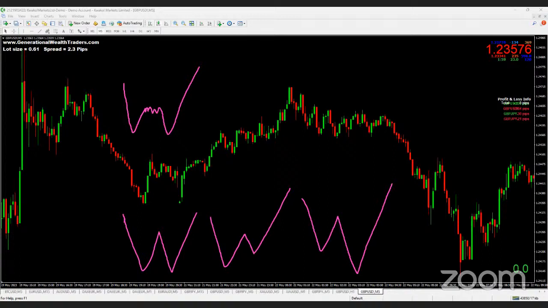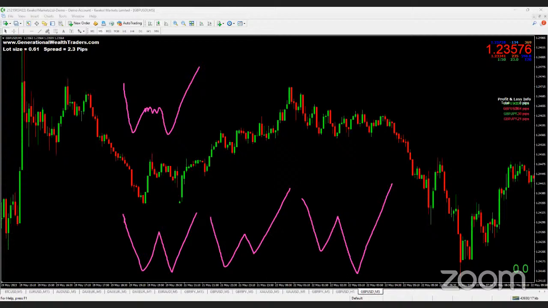Now, before we actually move on, I would also be quick to say, like I did say a while ago, this is a popular strategy and technique out there in the Forex space, but not everybody knows how to trade it very well.